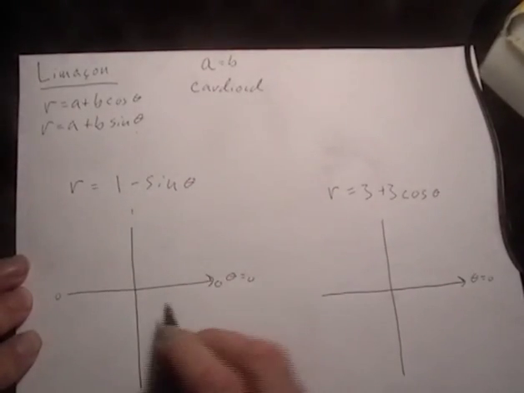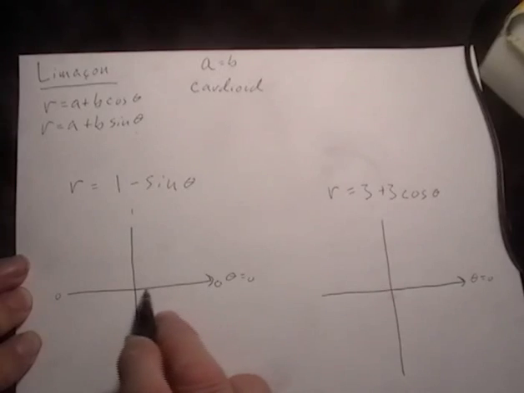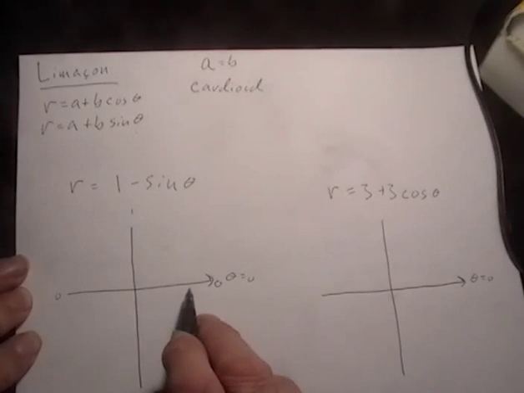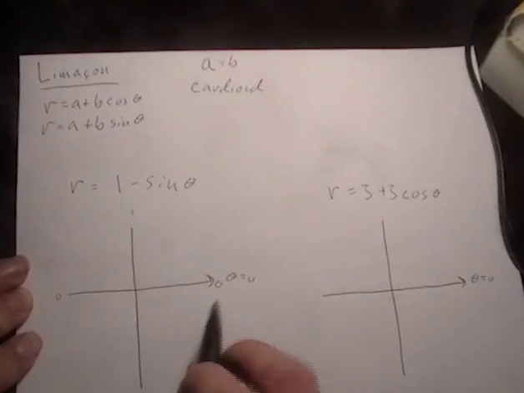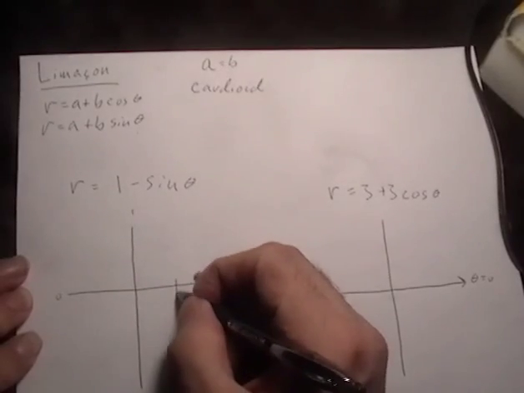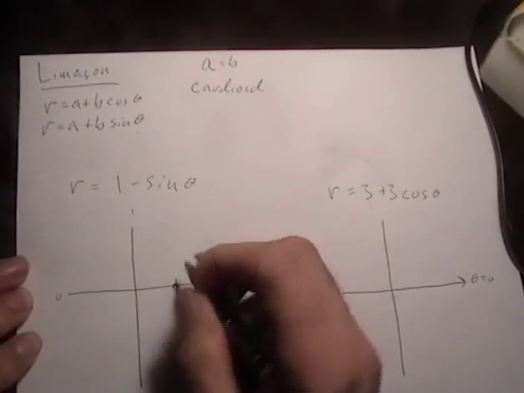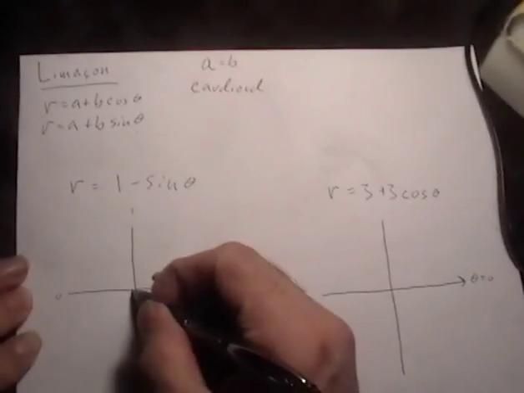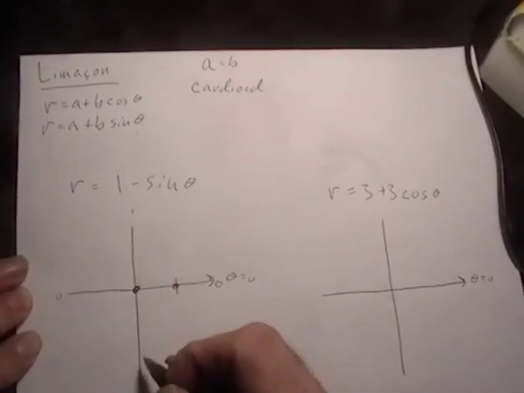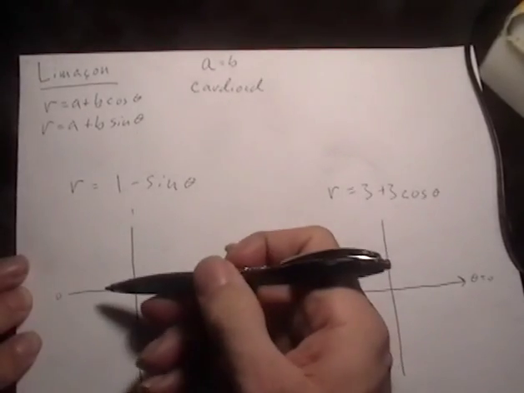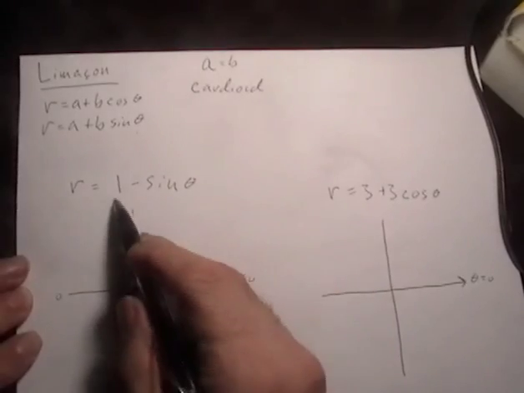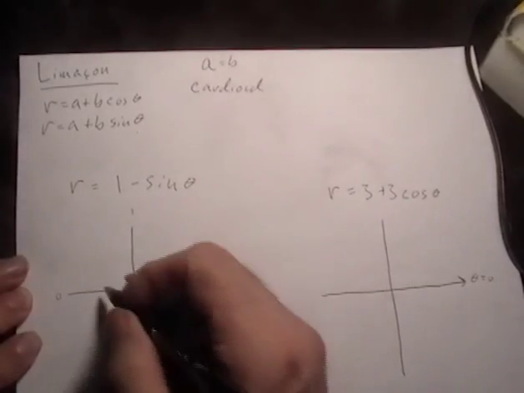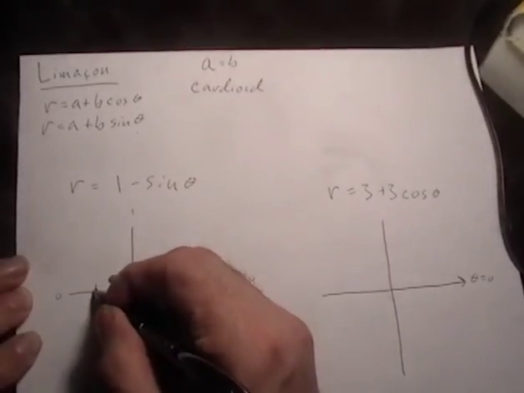negative 1. So in the eastward, theta equals 0 direction, I'm at 1 minus 0, which is 1. In the northward, theta equals pi over 2 direction, I'm at 1 minus 1, which is 0. In the theta equals pi direction, I'm at 1 minus 0, which is 1.